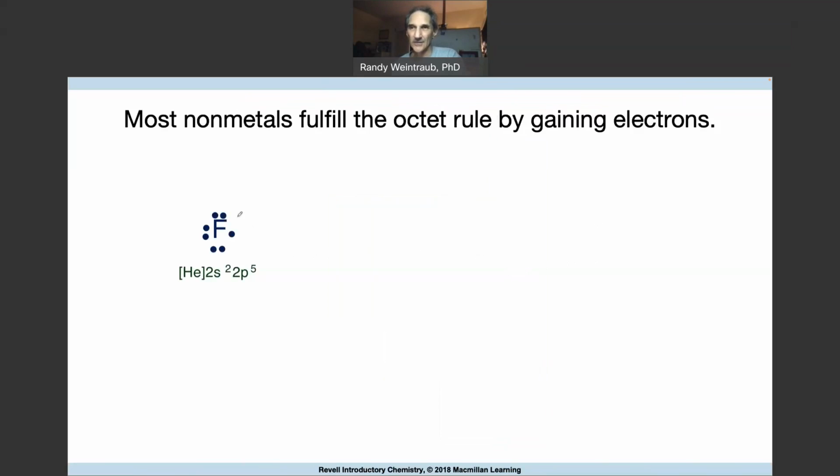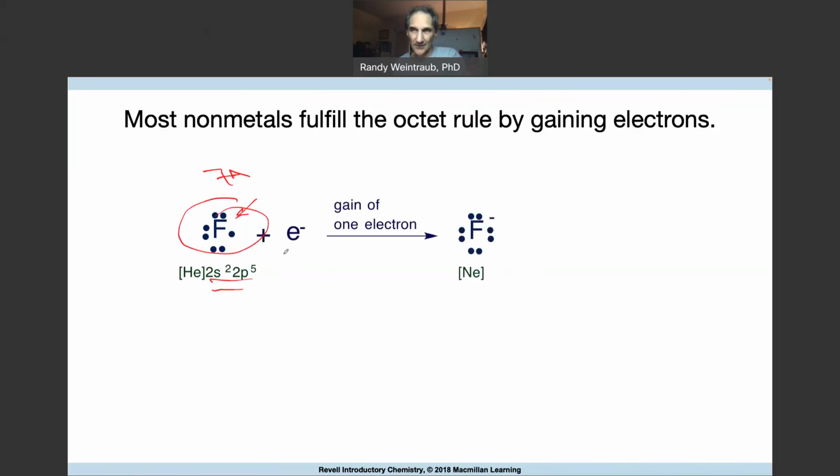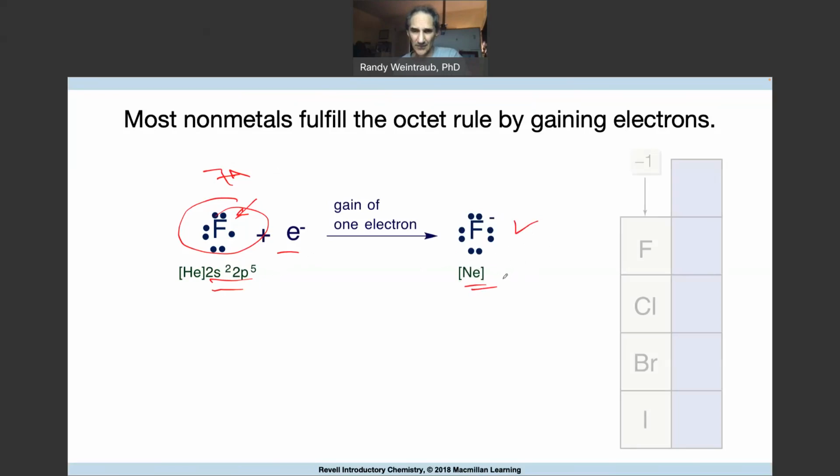Here's the Lewis dot structure of fluorine, which has 7 valence electrons. It's in group 7A. So this octet is not filled. So it gains an electron to fill its octet. Now it has this neon electron configuration. So now it is stable with a -1 charge.